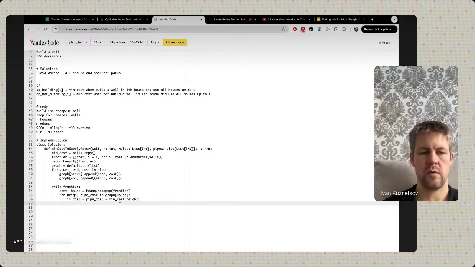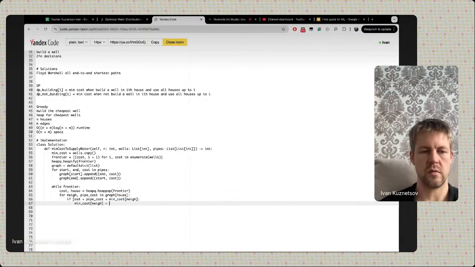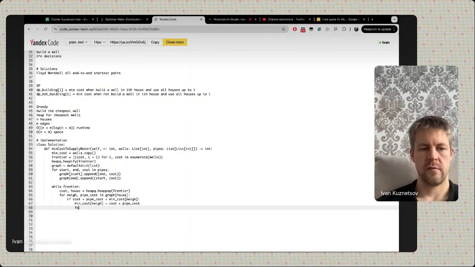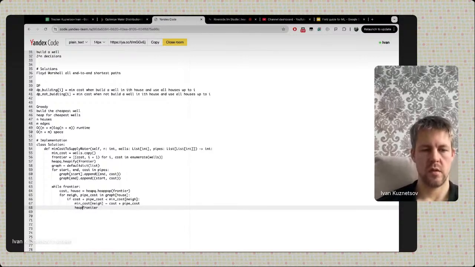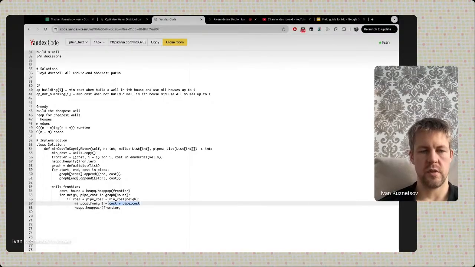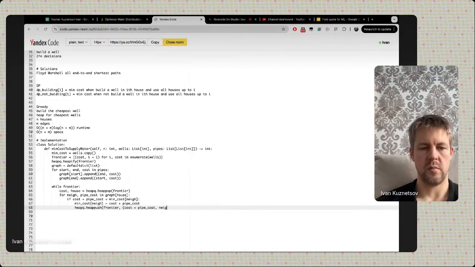So we do first min cost will be equal to cost plus pipe cost, and then we also do heap q push frontier. We will be pushing this value and neighbor.